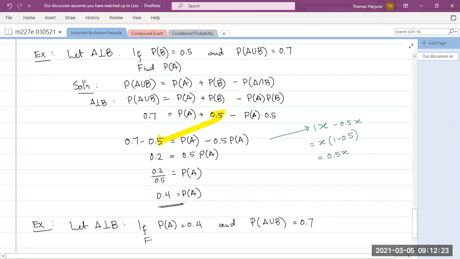Find probability of B. Okay, can you try that? Replicate what I had earlier on the top. Let me give you maybe 3 minutes to do this.